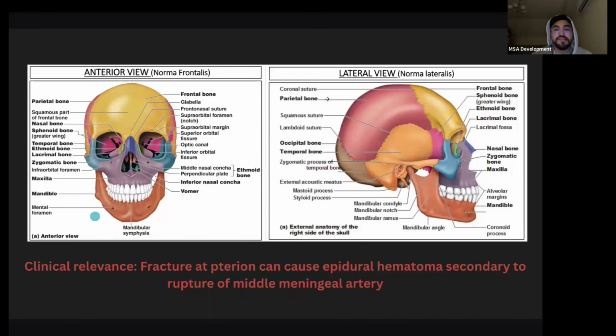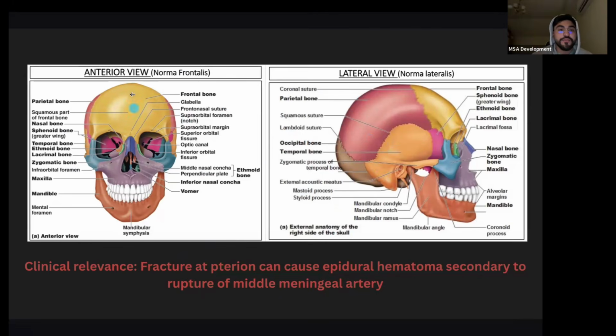Now, basically, towards the end of this session, you will be able to name all of these different bones. We're gonna go through them systematically. However, I put this picture here just so that you can appreciate the anterior and the lateral view of the skull.